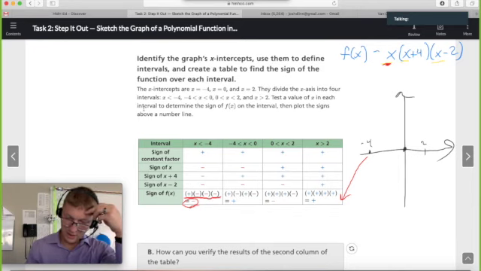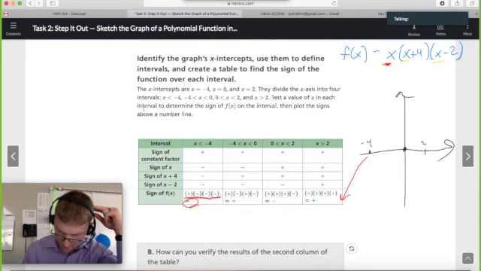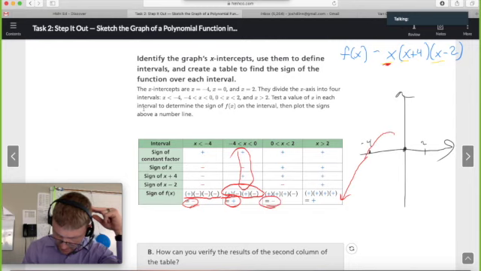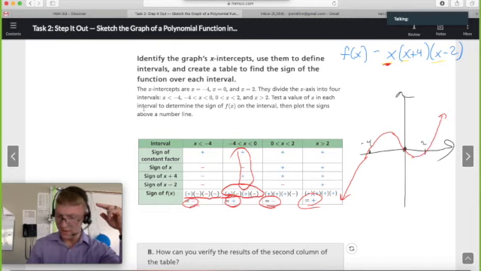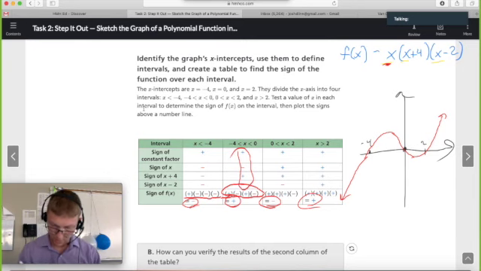And we also know that the end behavior as x approaches negative infinity goes down. So, okay, that makes sense. So then from negative 4 to 0, again, they just multiplied all of these together. They got a positive. So then at 0, notice we're going back to negative again. So I know it's going to go down, so it's going to cross. And then it's positive, so it's going to go up. So that is something like what our graph is going to look like.